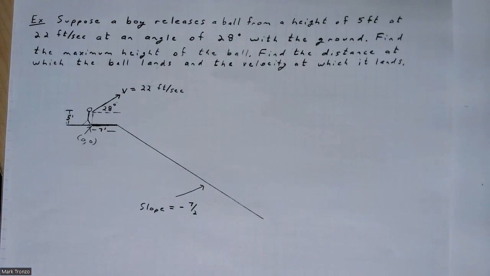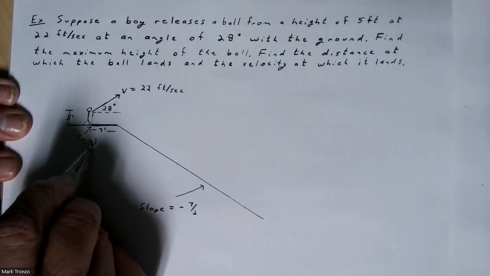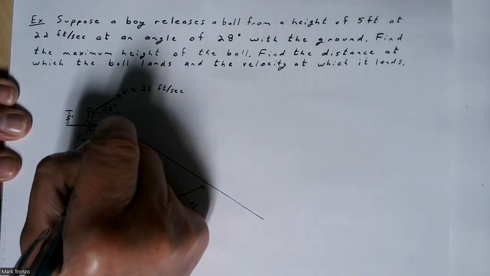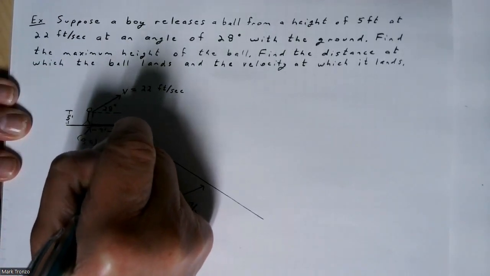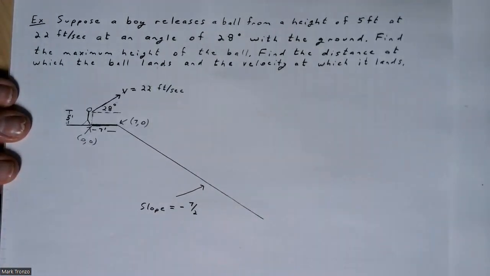So now we would like to find an equation for this slope region here. So if this is 0, 0, then of course this point right here is going to be 7 on the x and 0 on the y.